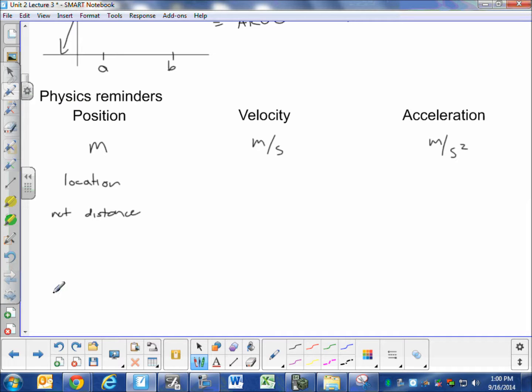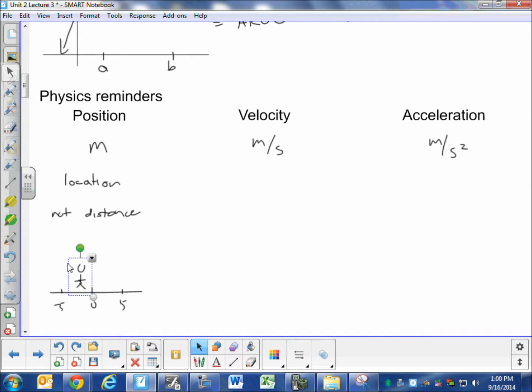Typically, you think about a number line, and you think about a dude or a car. And you say, this dude at the 2-second mark is at position 5. And then by the 10-second mark, he makes it to position 0. You don't know what happens in between there, but we know he gets there if we're given a table of values.